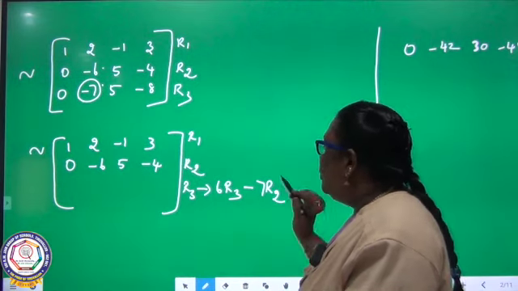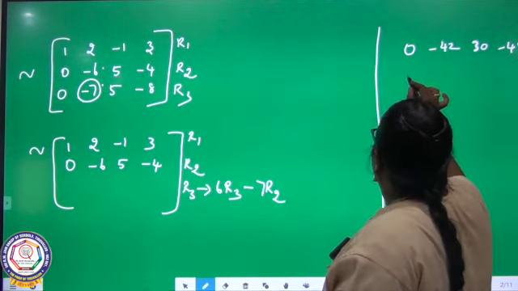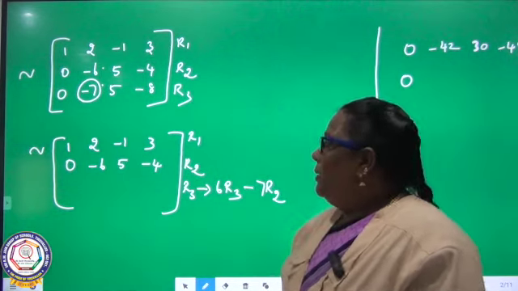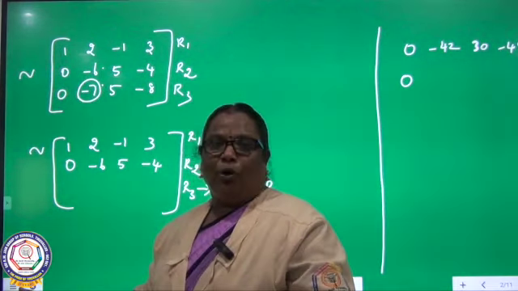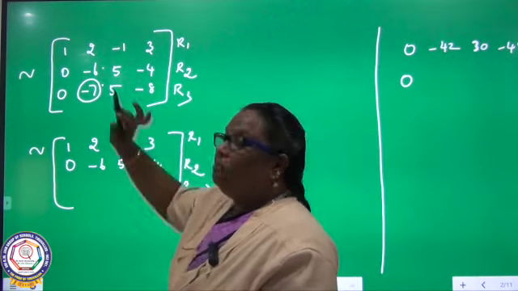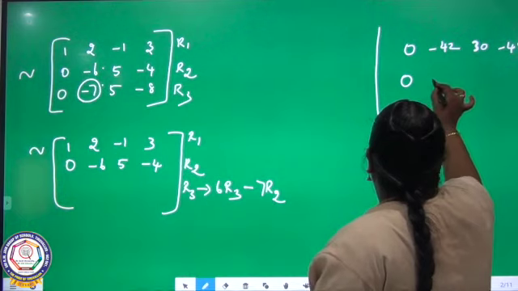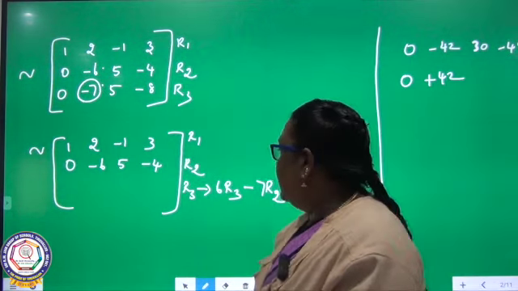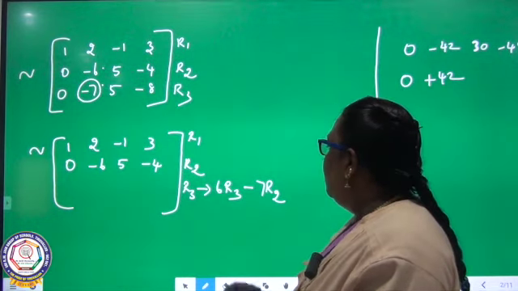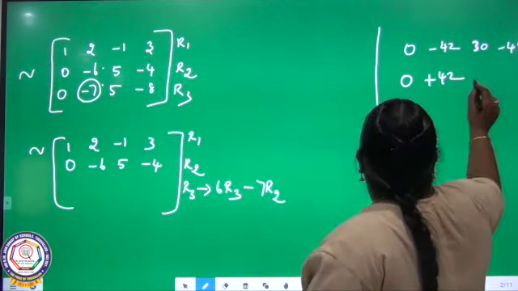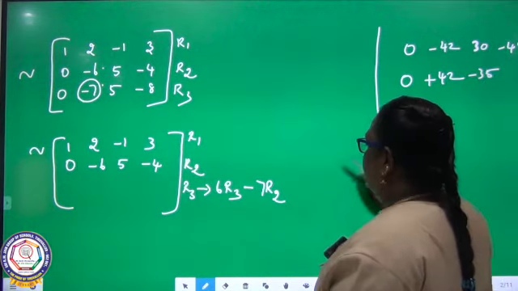Minus 7 into R2. 0 into minus 7, 0. So the term as it is becomes 0 only, no problem. Then minus 7 into minus 6, plus 42. Minus 7 into plus 5, minus 35.